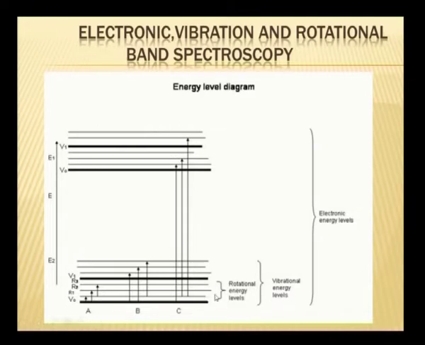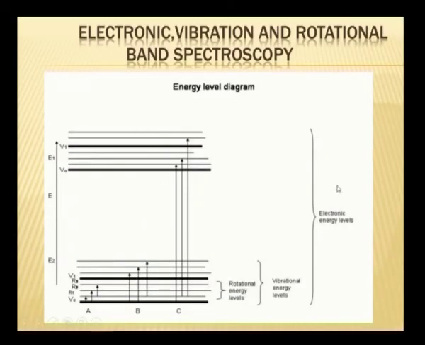The spectrum that is produced because of the transitions between the various rotation energy levels will be in the microwave region, whereas the electronic energy levels that I have here, the light coming from the mercury vapor atoms, the electrons in the atoms, give rise to the so called electronic spectroscopy, that is in the visible region. Here this will be in the microwave region, that is one important thing that should be kept in mind, the so called rotational band spectroscopy.